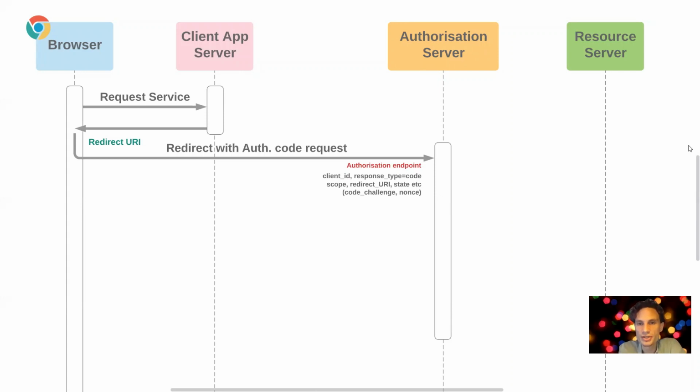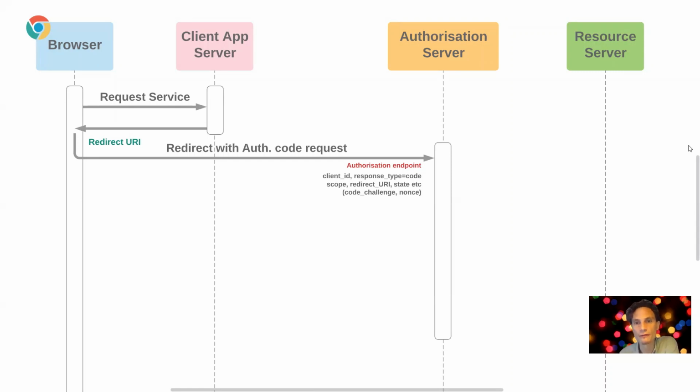And the code challenge in this instance is part of the proof key for code exchange pattern. This code challenge is a hash of a random value that the client app server has set. And the client app server later in the flow with the token request will demonstrate that it had knowledge of the value that was hashed by sending the unhashed value later in the flow.